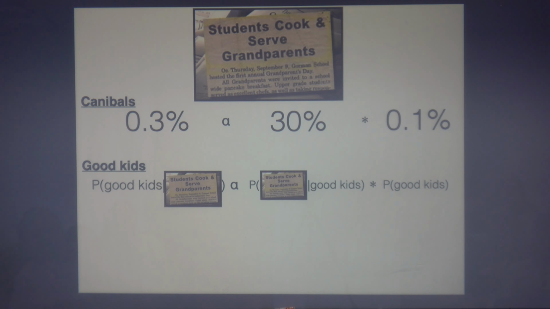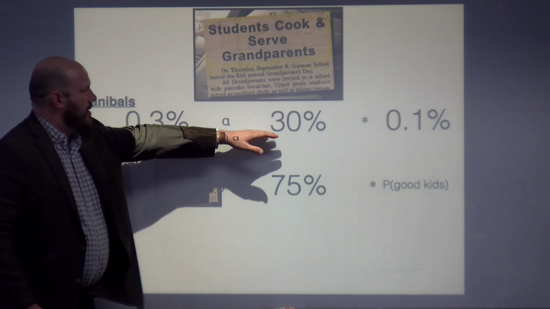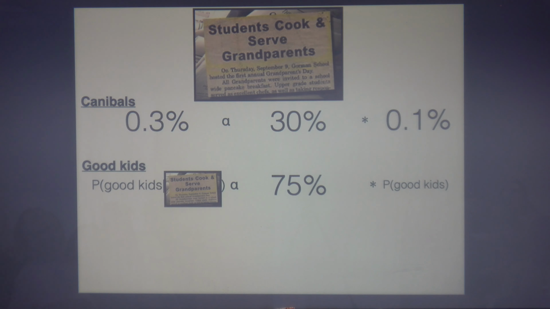As opposed to the probability the message is about some good kids cooking food for grandparents. Well, if that was what was going on, maybe there's even a higher chance that this is actually the newspaper article you get. Because, by the way, the reason I think this is only about 30% is I think if there were actually cannibals, it'd be like, oh my God, cannibal students eating grandparents, right?